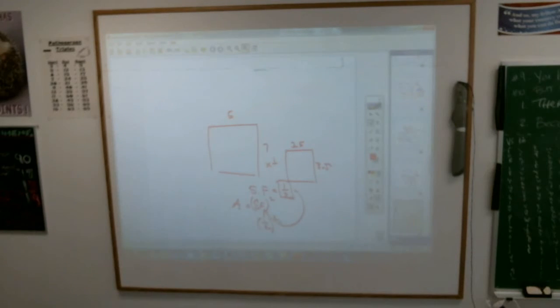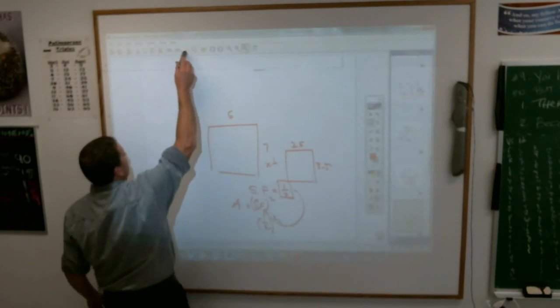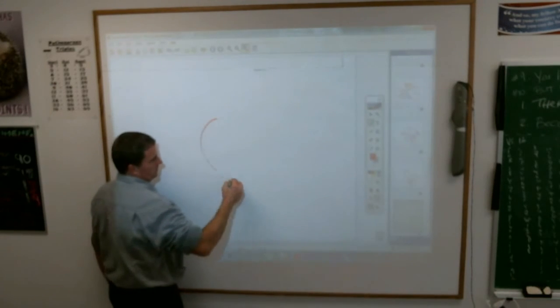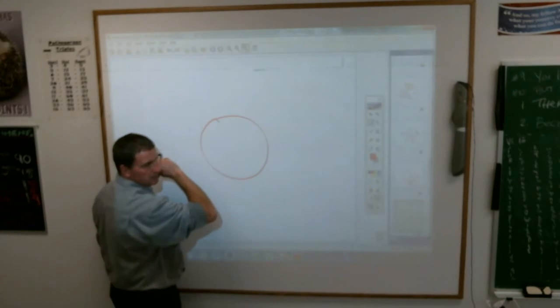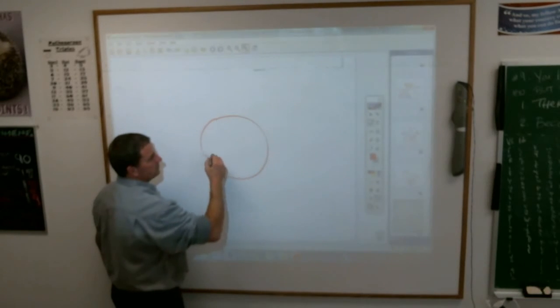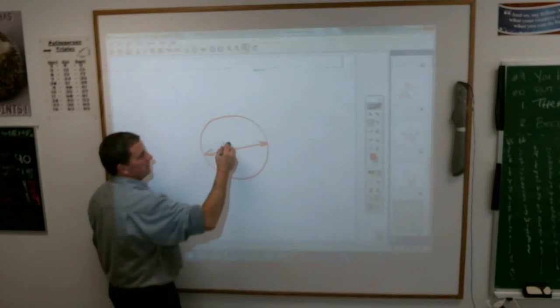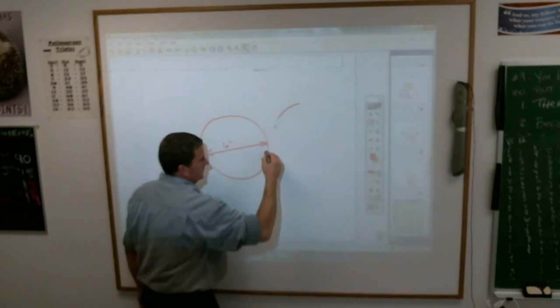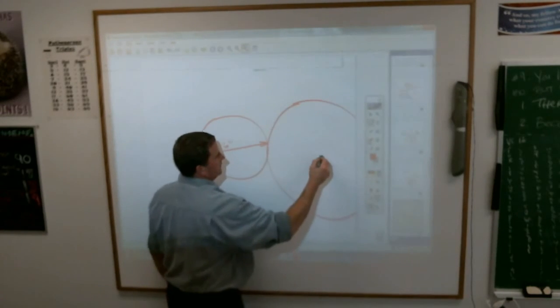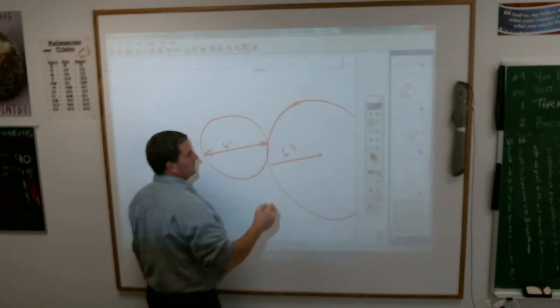Which one would be a good one? Letter H. A 6-inch diameter balloon holds a pint of water. How much water does a 6-inch radius balloon hold? Let's draw a picture first. The 6-inch diameter was first, and then the next one was a 6-inch radius.